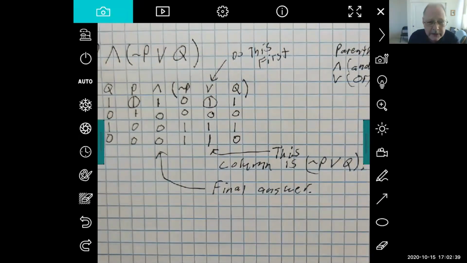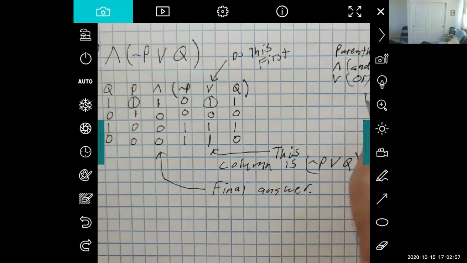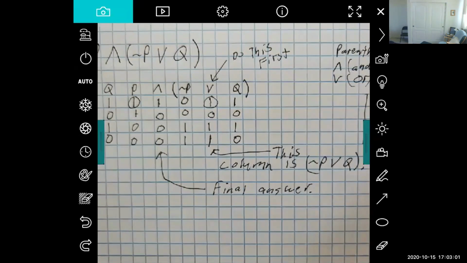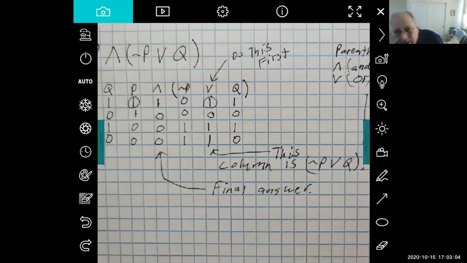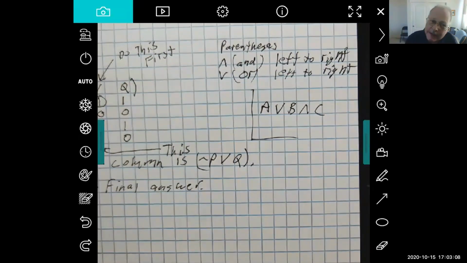By the way, if you do not put the parentheses and you do not label which column is the final answer, I have no way to know what you were thinking. Like, what if you had that?